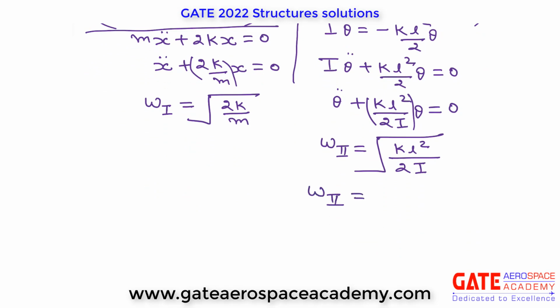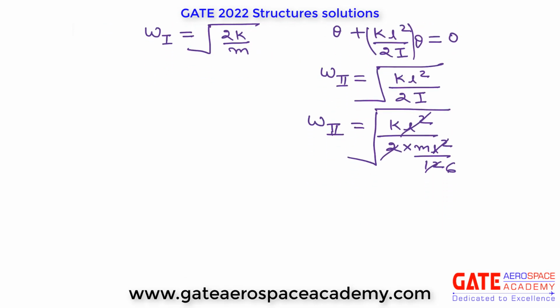Mass moment of inertia, we already know, is m L square by 12, correct? So 2 into I is m L square by 12. This will get cancelled out. So ω2 is equal to under root 6K by m.